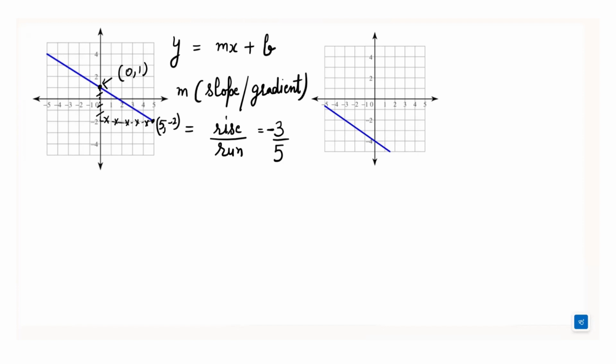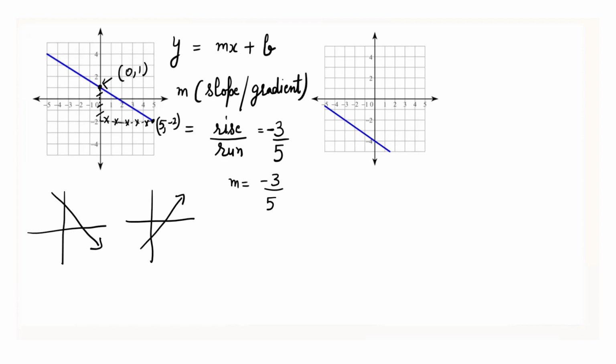Or if you want to remember it, you can remember it like this: if the graph is like this, decreasing, then the value of m will be negative. If the graph is like this, increasing, then the value of m is positive. Here we get a negative value of m, so m = -3/5.